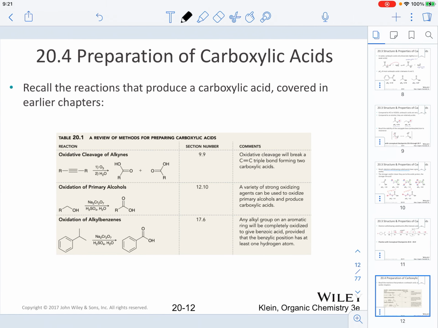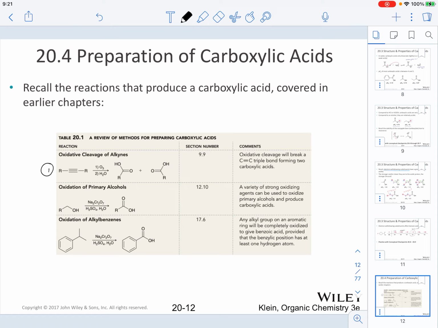So, there are many reactions for the preparation of carboxylic acids. And here we have a review of some of the reactions that make carboxylic acids that have been discussed in previous chapters. The first one illustrated here in the slide is the oxidative cleavage of alkynes.